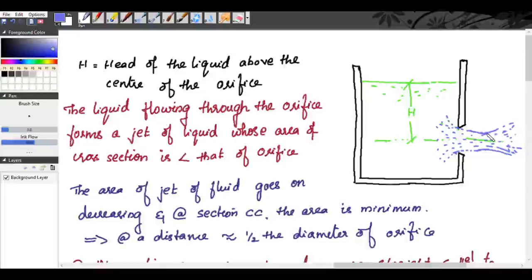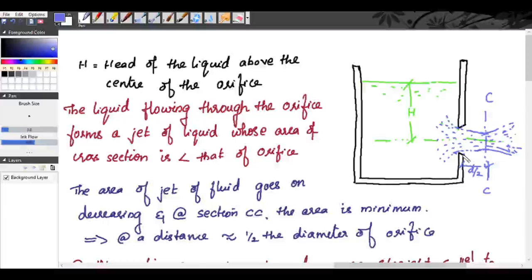So up to CC, the lowest cross section area, we take the section CC. This distance where you have the lowest cross section is taken as D by 2, where D is the diameter of the orifice, approximately equal to half the diameter of the orifice.